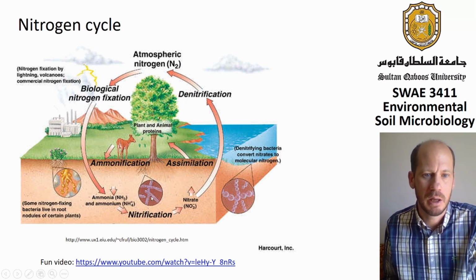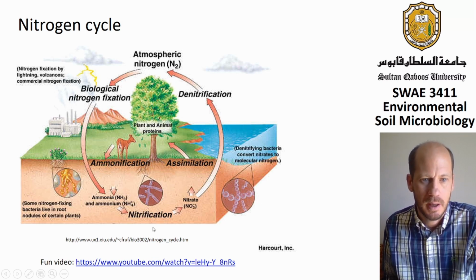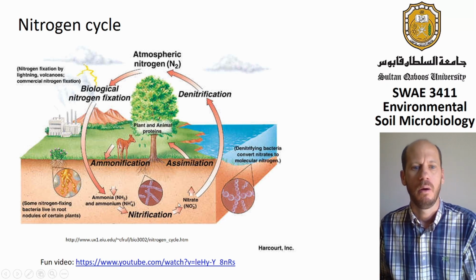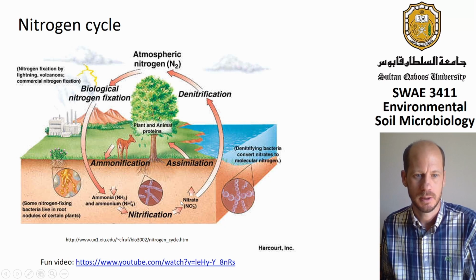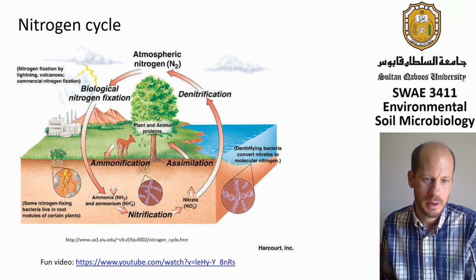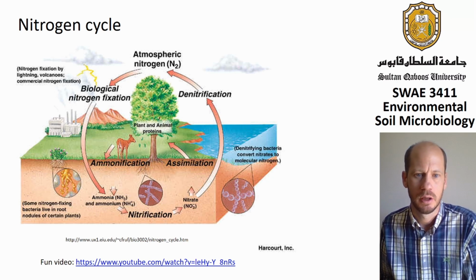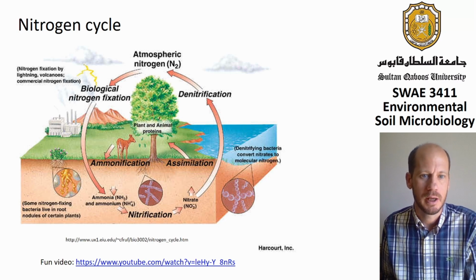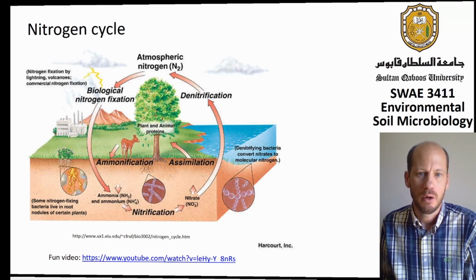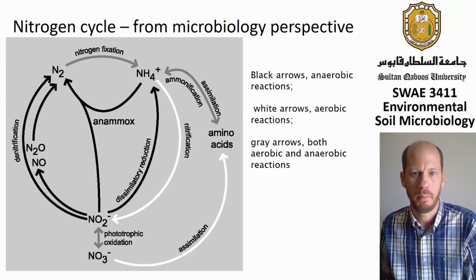It can be assimilated by plants or microbes and become part of the organic matter, or it can be nitrified into nitrites and nitrates. Now, the nitrates can be either assimilated, or leached, or denitrified back into N2 in the atmosphere. If we look at it from the microbial point of view, these processes become a little bit more complex than this.